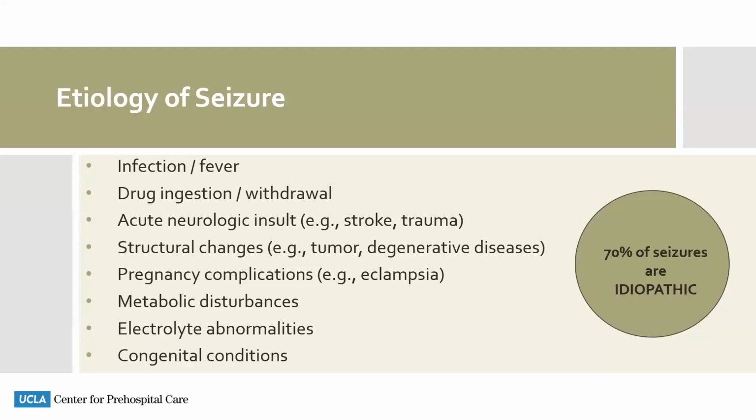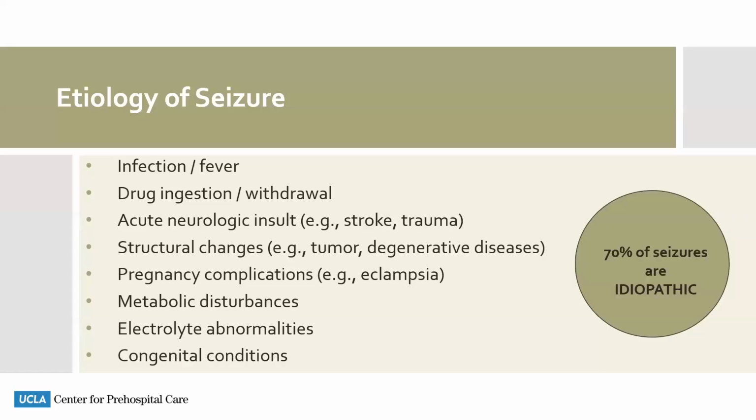Or they have just a congenital malformation in their brain or in their head, and they're going to have seizures the rest of their lives. So that is something that the parents, the caregivers have to deal with when they're taking care of their loved one.